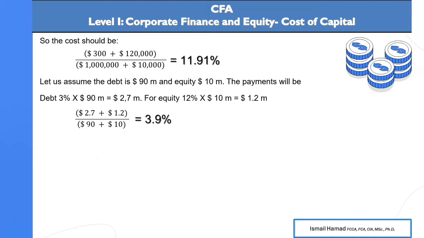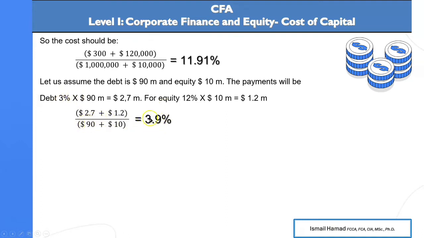There is a point here I'm trying to make. If you notice in the first example, the average moved close to the 12%, the cost of equity, 11.91. Here the average moved close to the 3%. Why is that? It is obvious because here we have heavy debt.